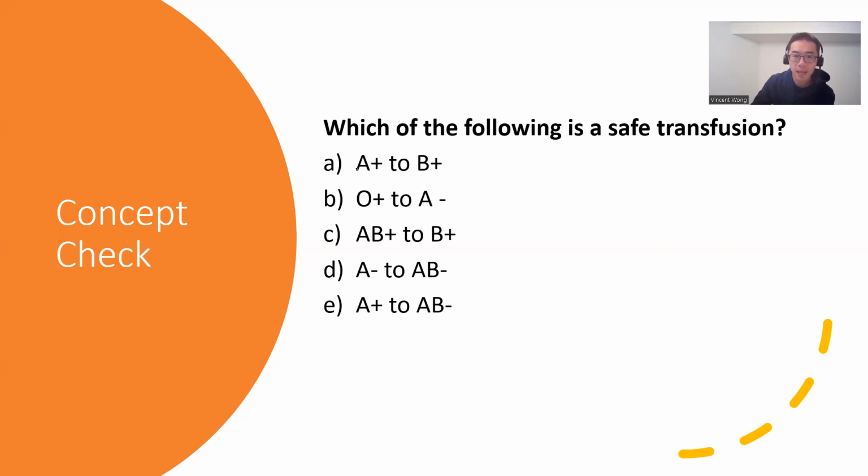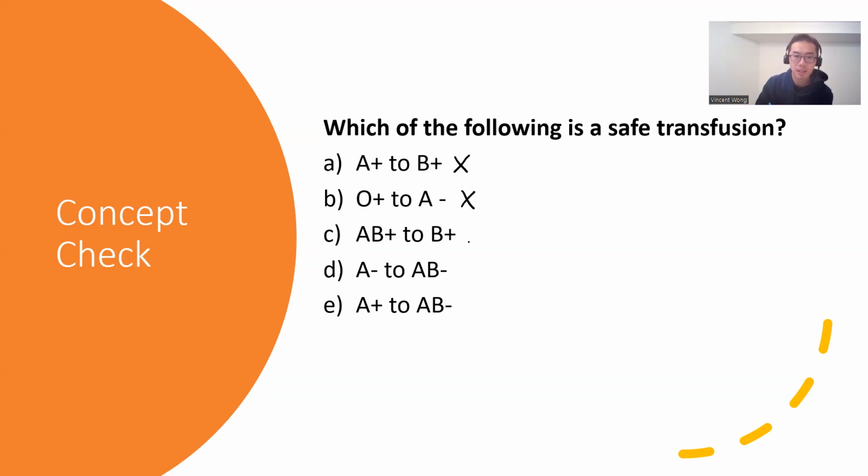So, the first one is not safe because A cannot give to B. The B person has anti-A in them, right? Second one is not safe because positive should not be given to negative. Even though we have one free chance, we are assuming we don't want to sensitize them either. So not okay.